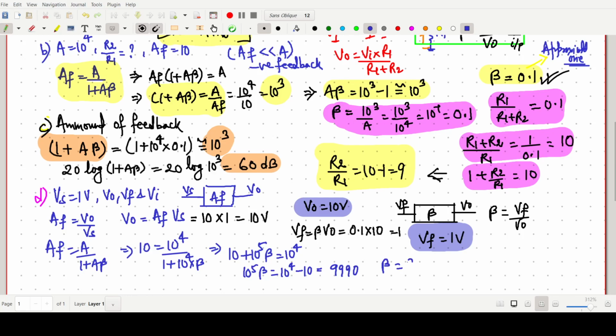So beta value will be 9990 by 10 to the power 5, which is around 0.0999, nearly equal to 0.1. So this one is the exact one and the other is the approximated one. We have to keep this in our mind. That's how to find all these things.